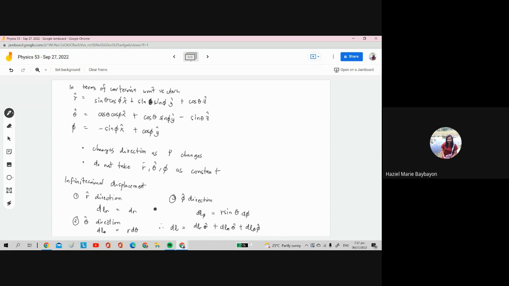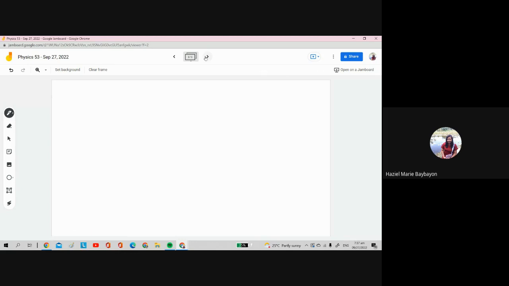So this is equal to dr r hat plus r d theta theta hat, sakto ba? Plus r sine theta d phi phi hat. Okay, so this is your infinitesimal displacement.